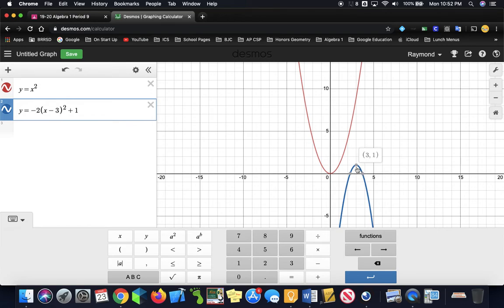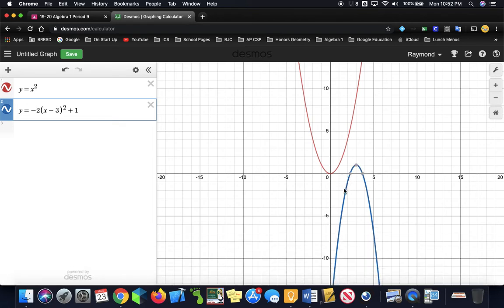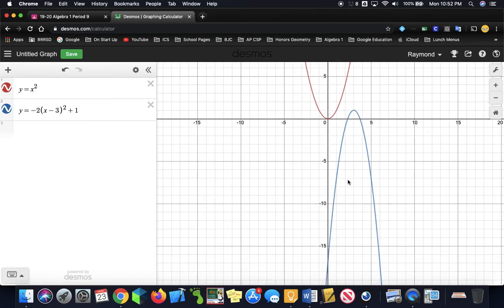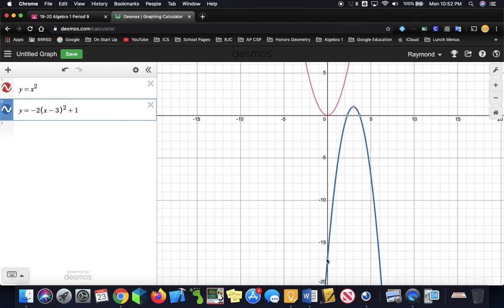There are our x-intercepts right there, and they're not very pretty x-intercepts. If we zoom down here a little bit more, we can also see the y-intercept at (0, -17). It's a little bit nicer of a point, but it'd probably be off most graphs that I would give you paper-pencil-wise.